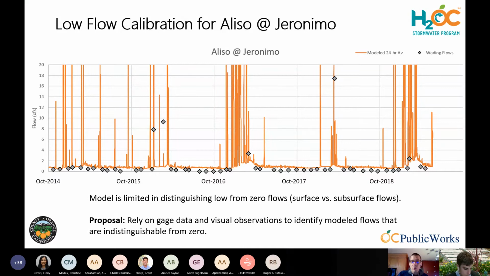And we are going to work with SCWRP and make post-processing adjustments to accommodate this. We think we can rely on gauge data and visual observations to identify which model flows are indistinguishable from zero. So this is a limitation of the model, but we believe there's a coherent way forward for the flow ecology analysis.